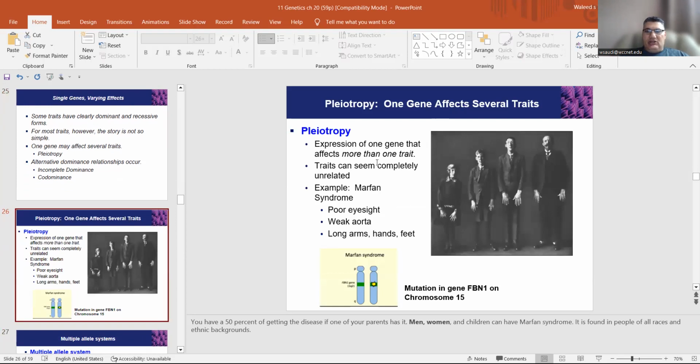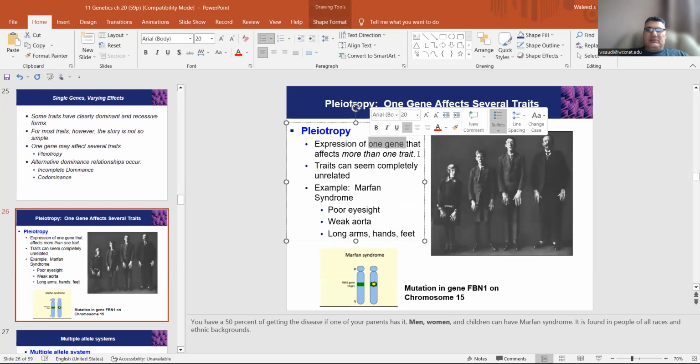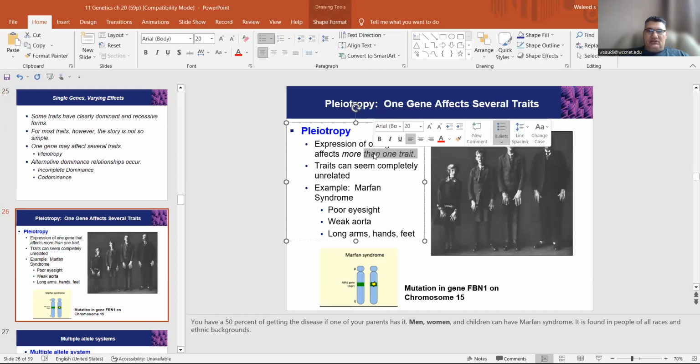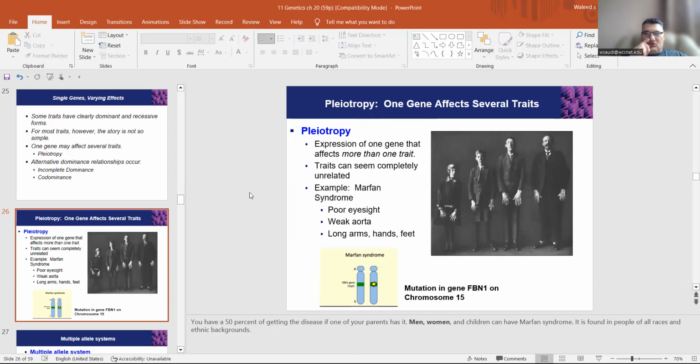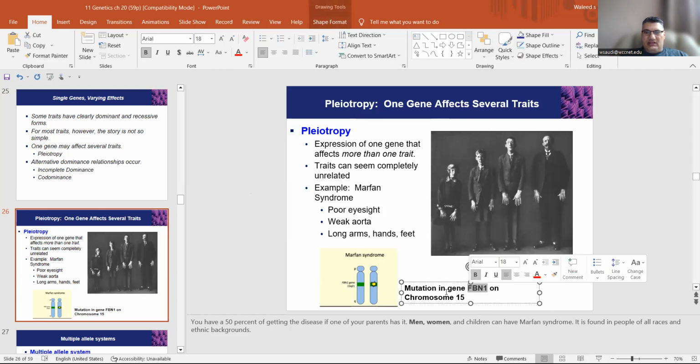First of all, this is pleiotropy. One gene responsible for more than one trait. Marfan syndrome, if you ever heard of it. In this Marfan syndrome, this person will have the issue in one gene, a gene called FBN1. You don't have to know the details. Just understand one gene in one chromosome.